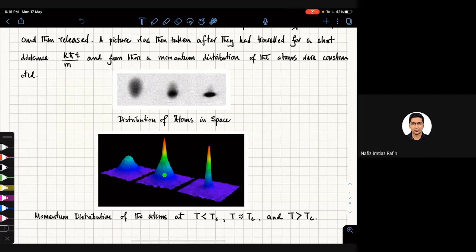Most of them are still. So this is at t equals tc, and this is below t equals tc, and although this length is approximately the same, it's much more concentrated. And this is, so to speak, the Fourier transform, the momentum distribution, and we see that the momentum distribution below t equals tc is very, very concentrated. So this is the physical realization of Bose-Einstein condensation.